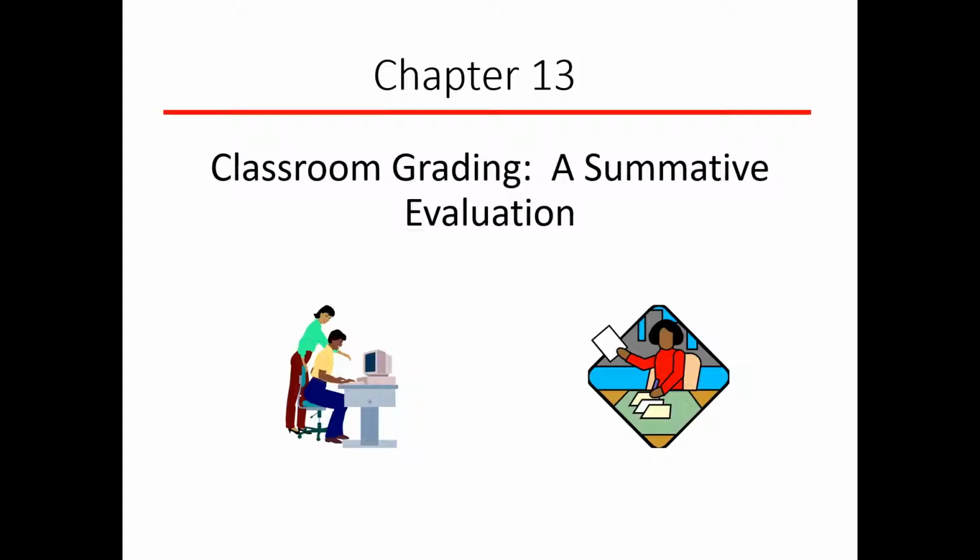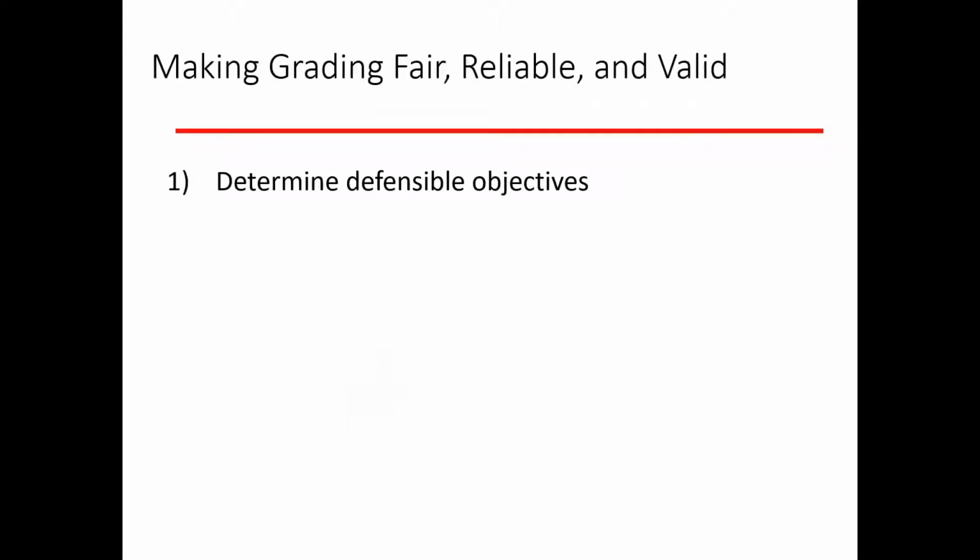Now we're going to evaluate at the end to see if we have mastered knowledge or summed the amount of knowledge necessary to, say, pass the class. So how do we make grading fair, reliable, and valid so that we know that those who completed the work, completed it correctly, expressed the knowledge, pass, and those who did not, do not?